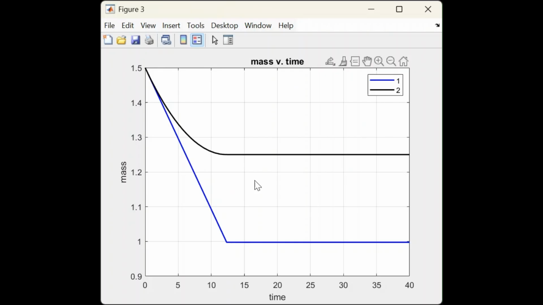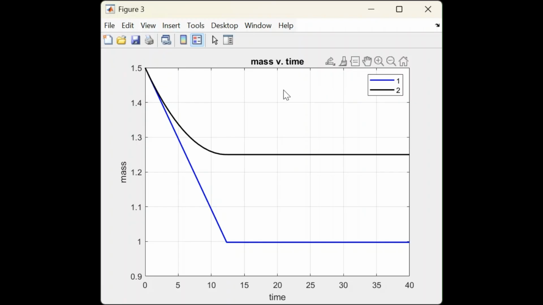Okay, thank you. So as you can see in our figure, we're doing mass versus time, just to check that we don't go below that 1 kilogram. So for our first strategy, because we burn all of our fuel, we go down to the 1 kilogram. Our second strategy, since we go down to zero thrust, we linearly decrease to zero thrust.